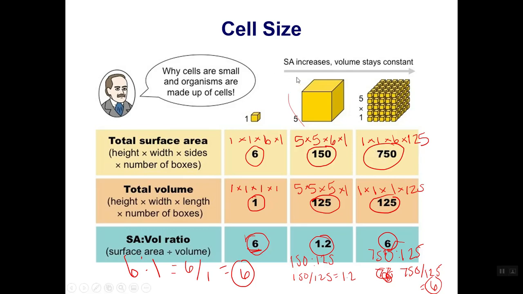So now the last thing to piece the puzzle together is that as your surface area to volume ratio increases, that means it's going to be better for the cells. As surface area increases, in these examples, the volume stayed constant.